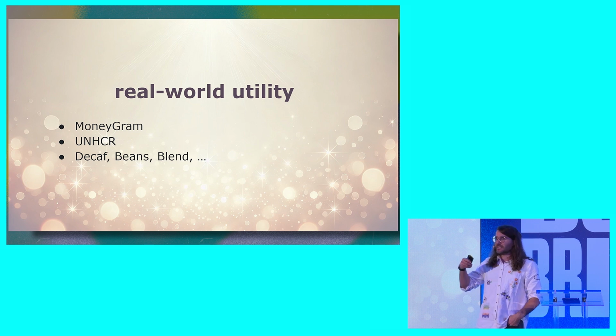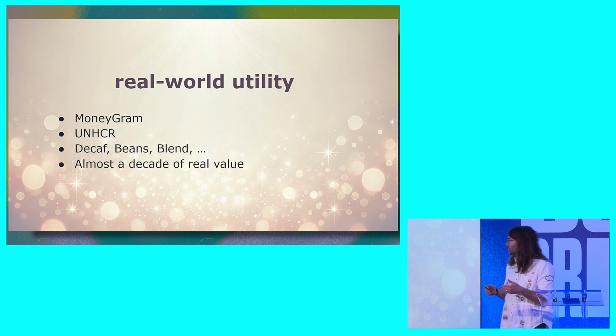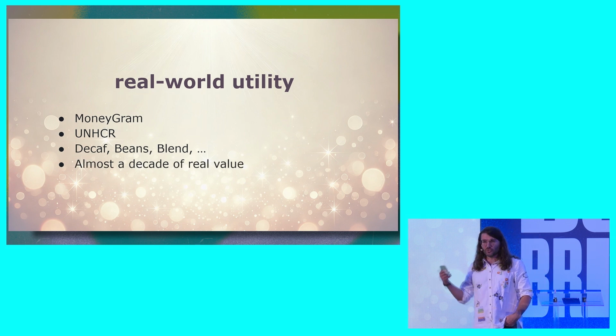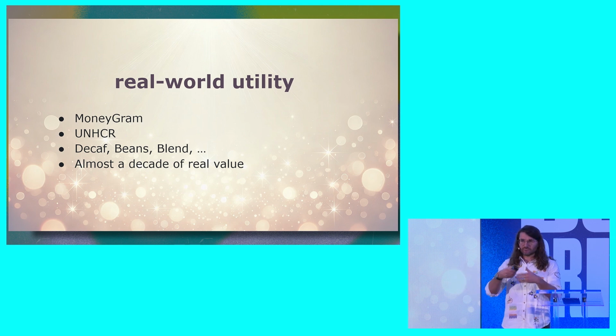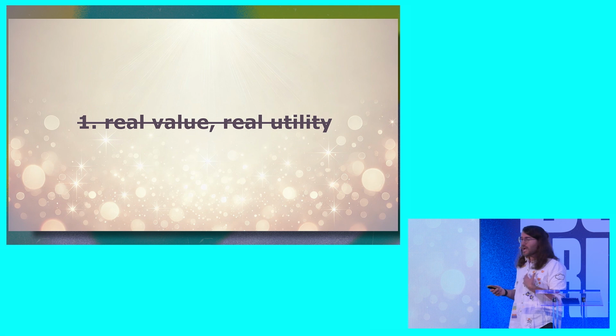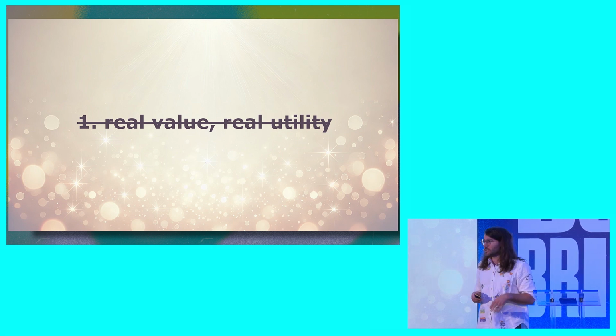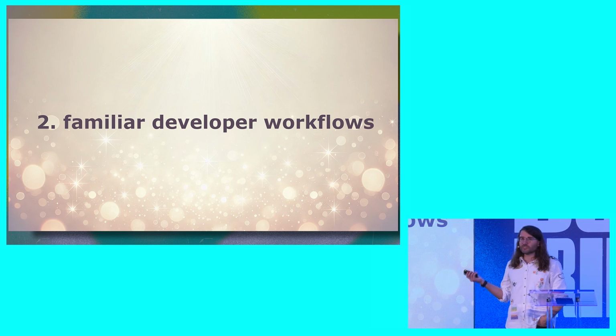And the fact that smart contracts are now on Stellar means that you have almost a decade, or I guess a full decade, of real value to build on in smart contracts. All of these assets, all of these use cases are there to be built on top of. So that brings me joy, that there's real value, real stuff happening in the Stellar ecosystem. So let's go on to familiar developer workflows.